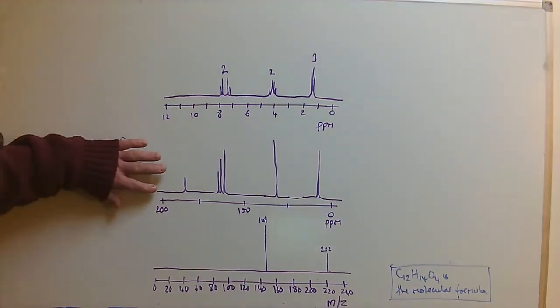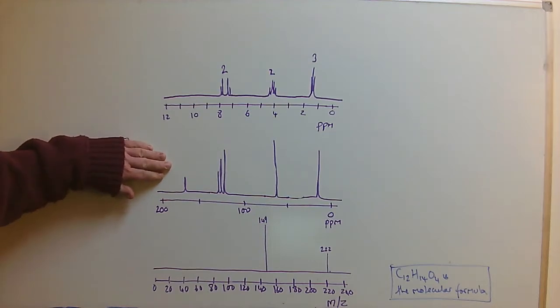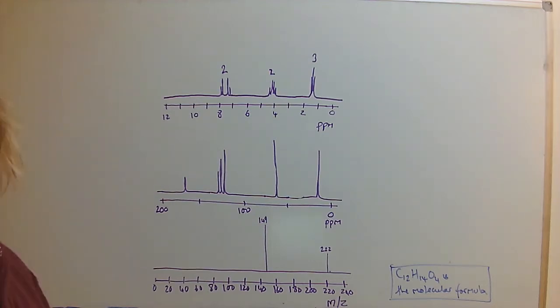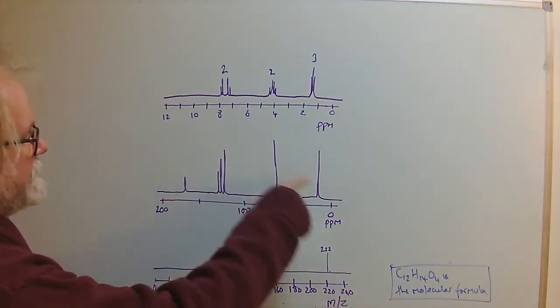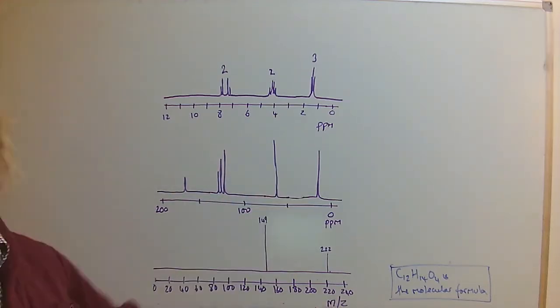So looking at the carbon-13 NMR, which is this one, remember we look for 2 things. We look for the numbers of peaks and we look for their chemical shifts and what they tell us. So the first thing to note is that there are only 6 peaks altogether, although there are 12 carbons in the compound. So there's a lot of equivalent carbons, and we need to keep bearing that in mind as we're thinking about the structure.